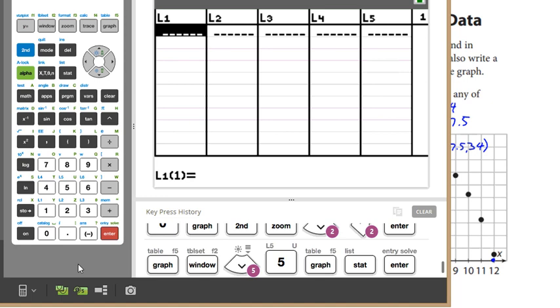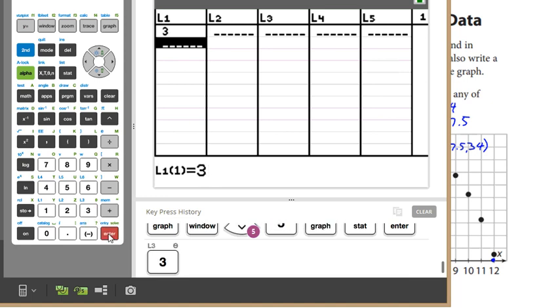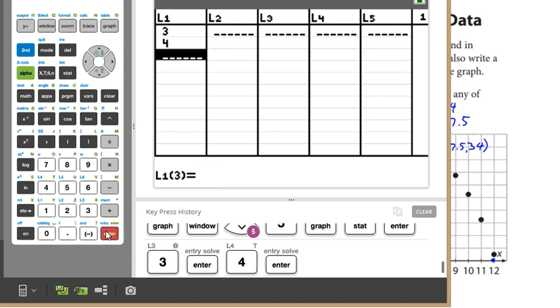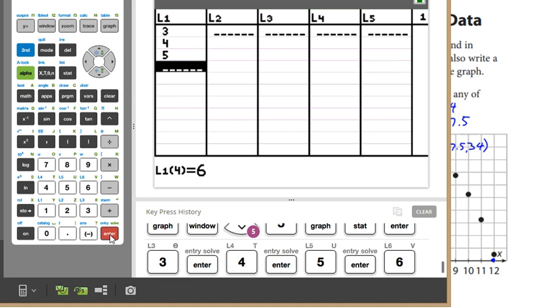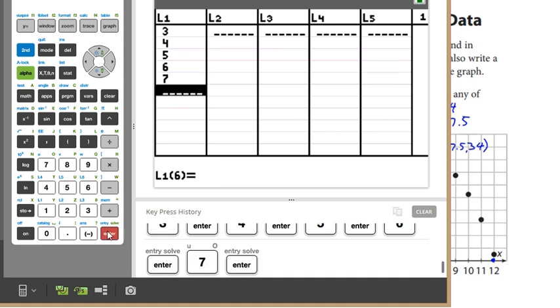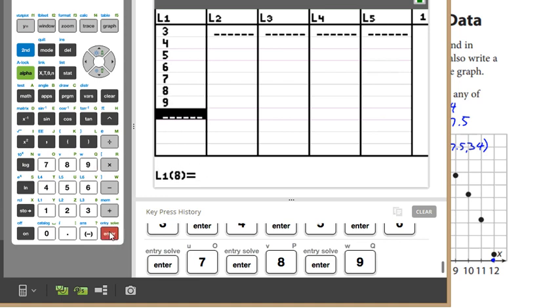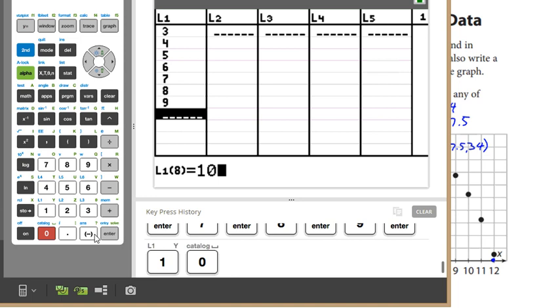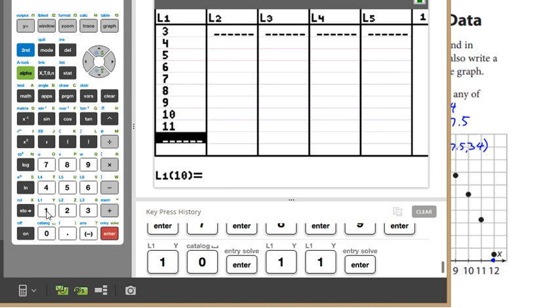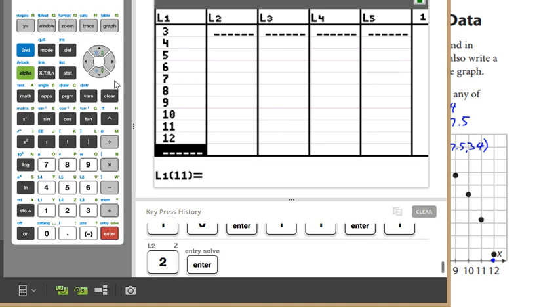We're going to put in 3, 4, I'm just copying off the data here, 5, 6, 7, 8, 9, 10, 11, 12. So that's all the x data.